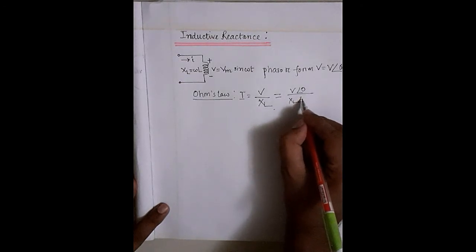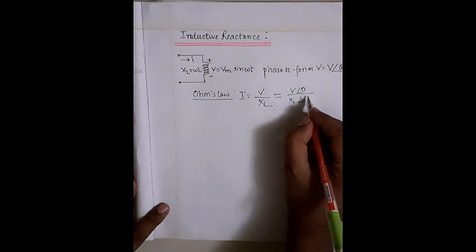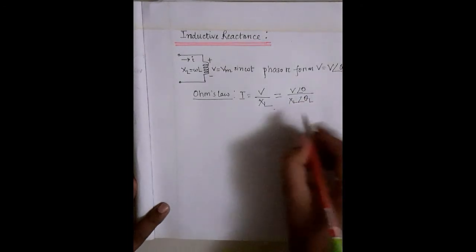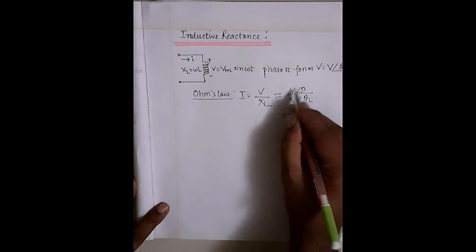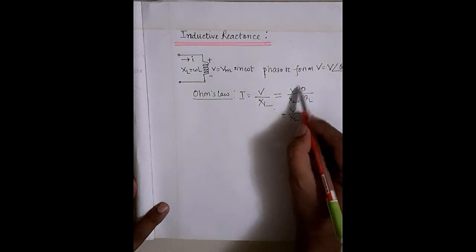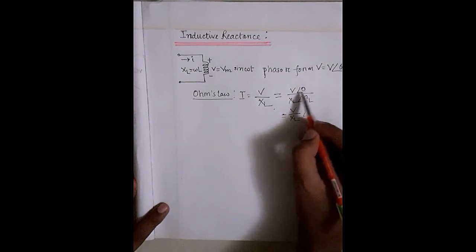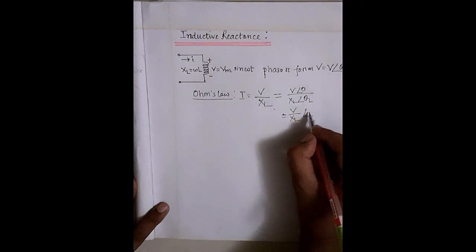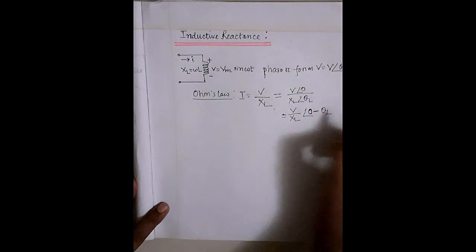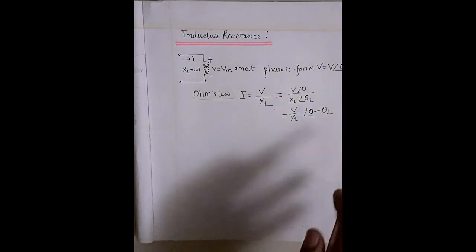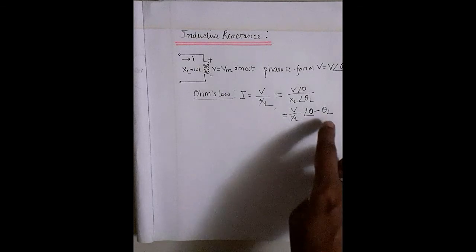And what about this angle? There must be some angle or phasors associated with this one, right? We actually write it down as theta of L. Okay then. So this V over XL should remain as it is, and the value in the numerator, we write down as it is minus theta of L. You might be a little bit confused how I have written this down.